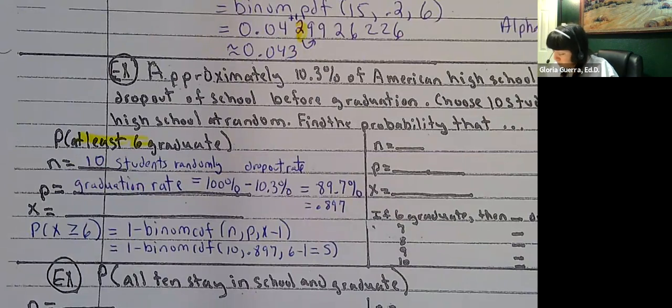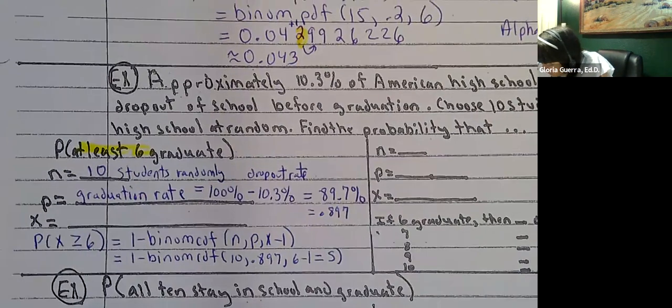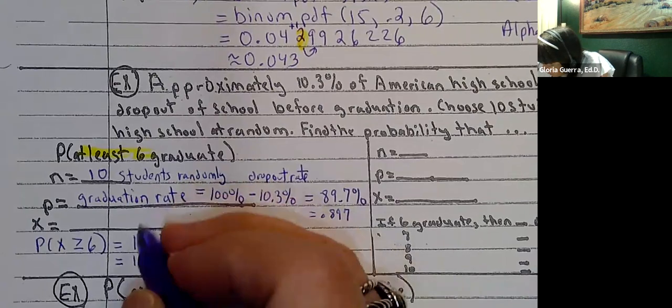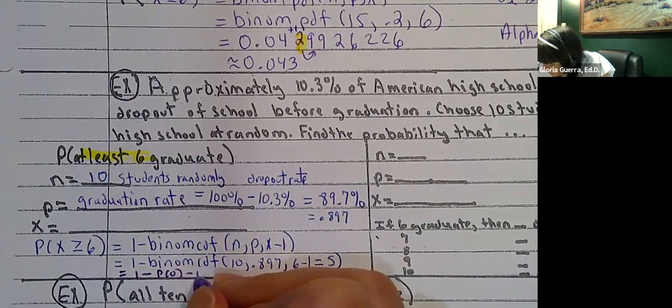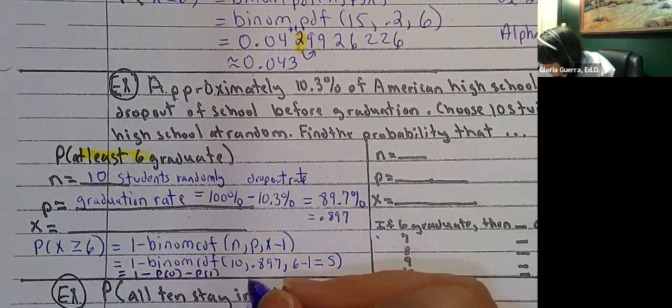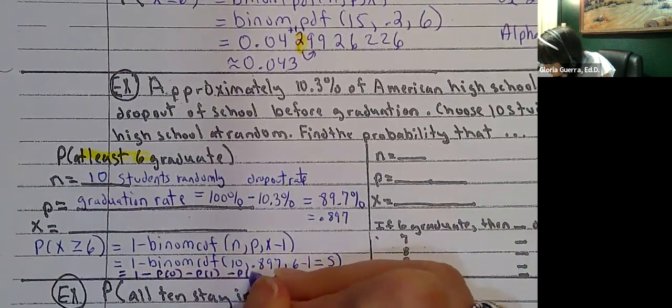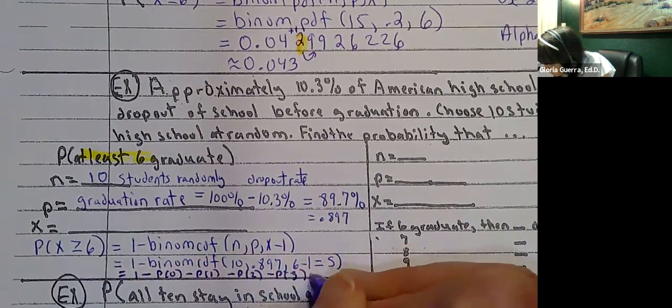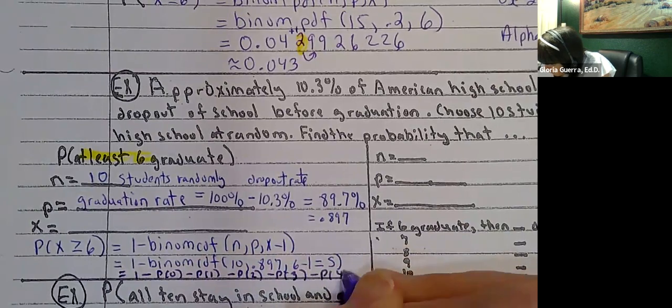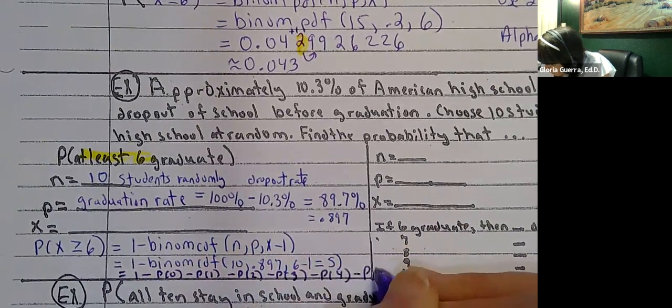So what that means is you're doing 1 take away P of 0, take away P of 1, take away P of 2, take away P of 3, take away P of 4, take away P of 5.